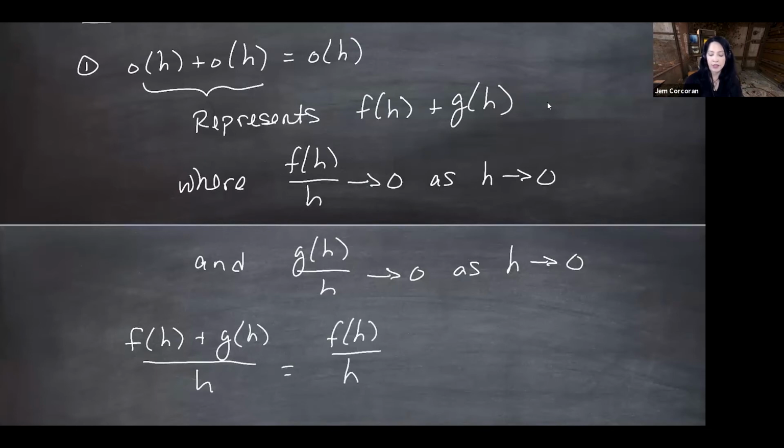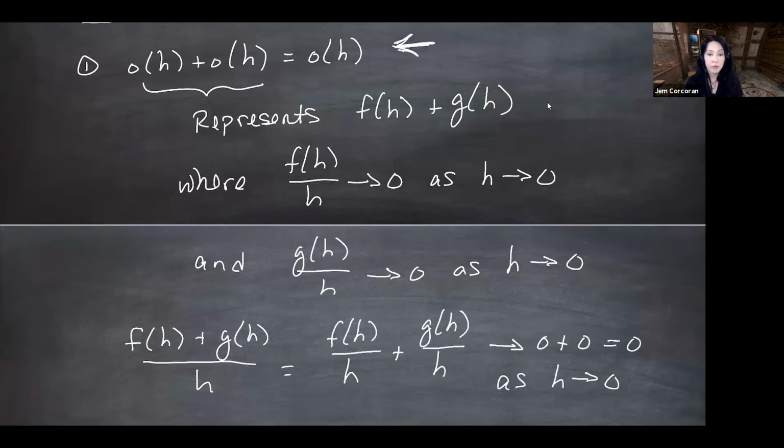And because the individual functions were little o of h, both of these go to 0 as h goes to 0. So what this line at the very top is saying is the sum of little o of h functions is again little o of h.